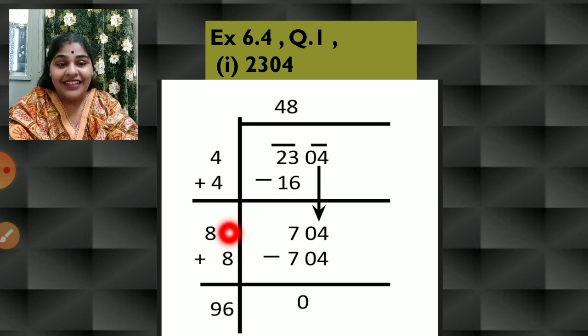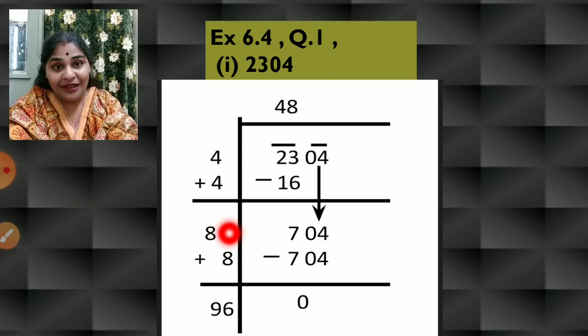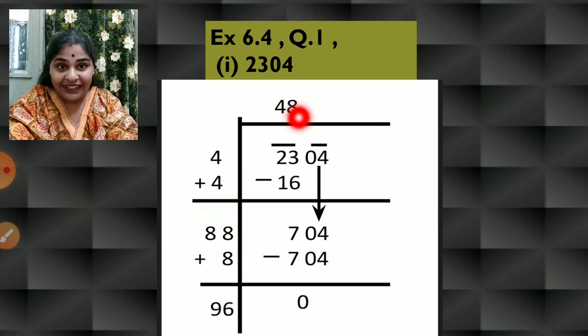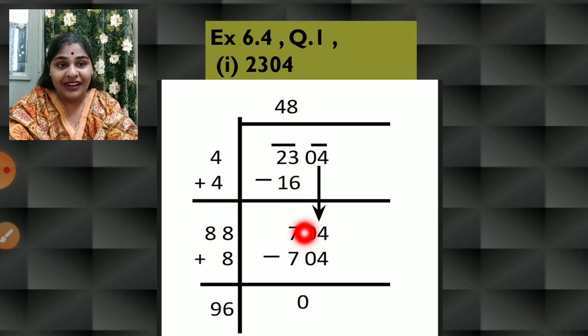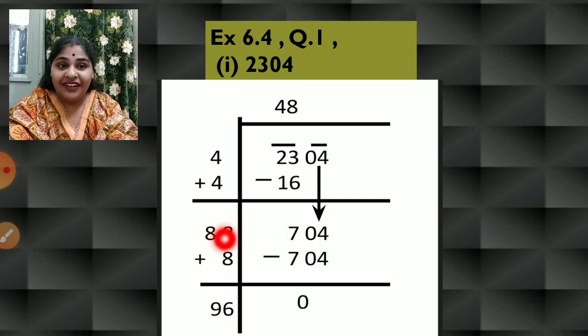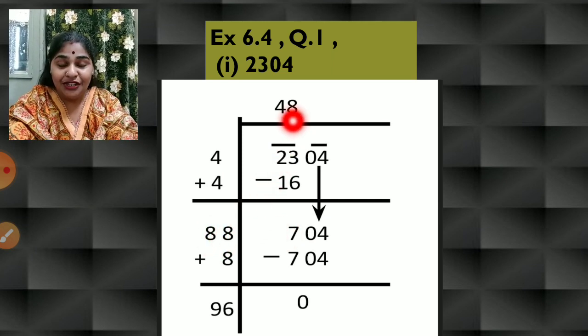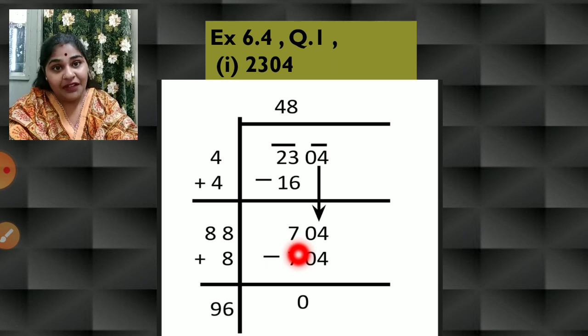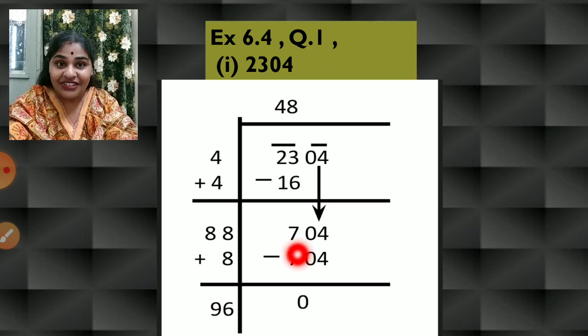We have to fill in a number such that the product of 8 with that number is equal to or less than 704. We got 8, that is 88 into 8 is 704, and the remainder is 0. Till here we have seen in our last session.